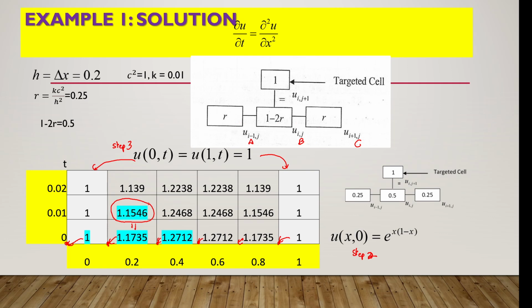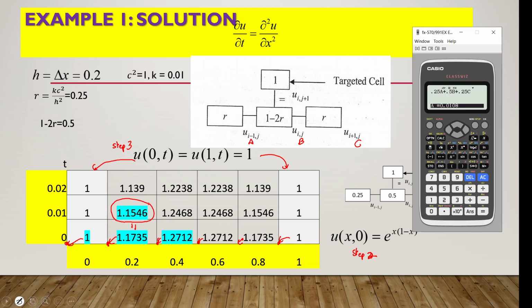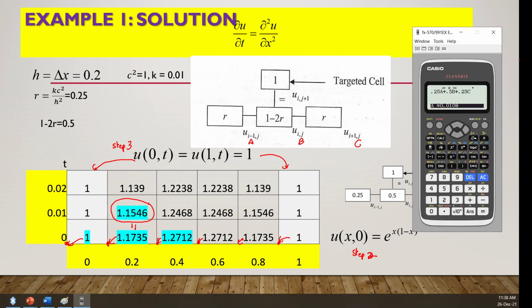So the targeted cell is 0.25 times your left bottom, which is 1, center bottom B is 1.1735, and C is 1.2712.